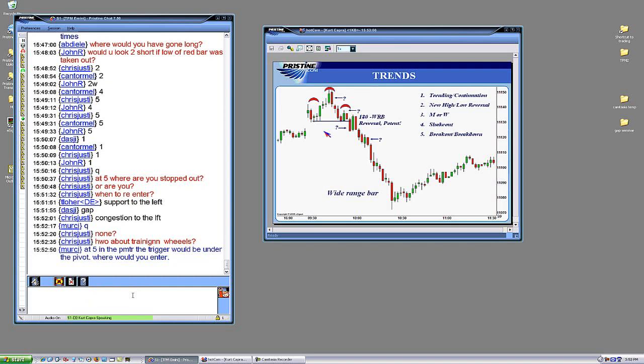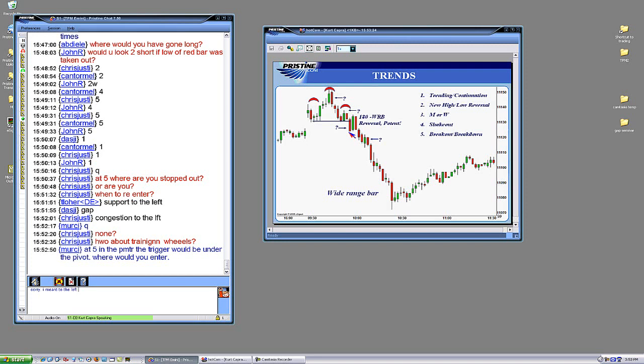At 5, the trigger would be under the pivot. So right here, this is 5. So under this bar, is that what you're saying?